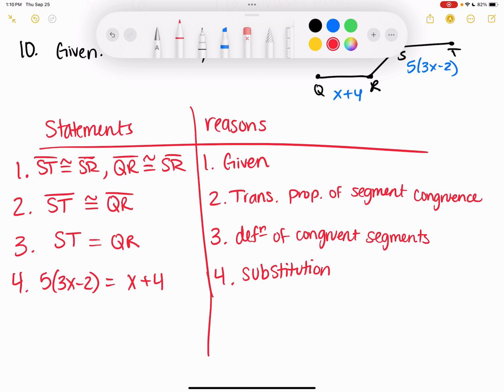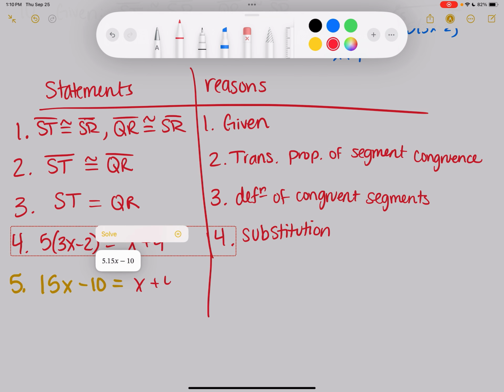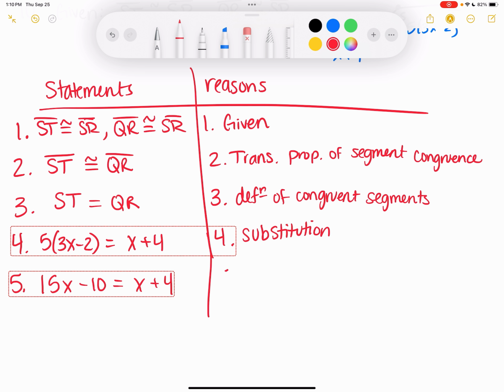All right. Ideas on what I would do first, as far as solving it? Distribute. So it's 15x minus 10 equals x plus 4. And that would just be the distributive property.